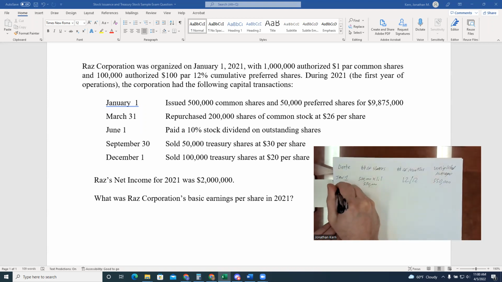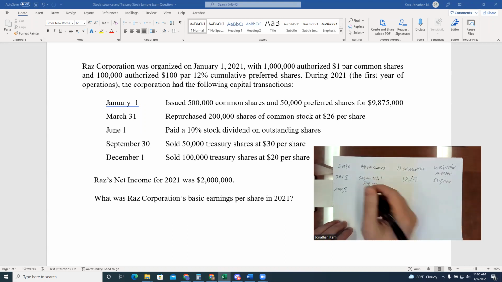Then on March 31st, they repurchased 200,000 shares of common stock at $26 per share. So here we're going to do minus 200,000. And remember, we have to multiply by the 10% stock dividend, or by 1.1, and we'll get minus 220,000 shares.